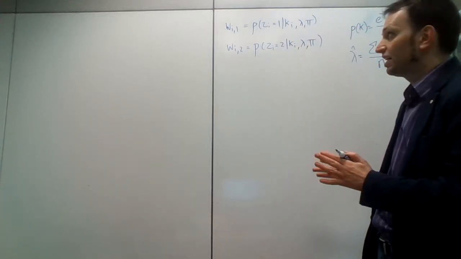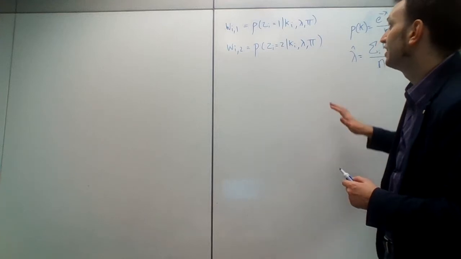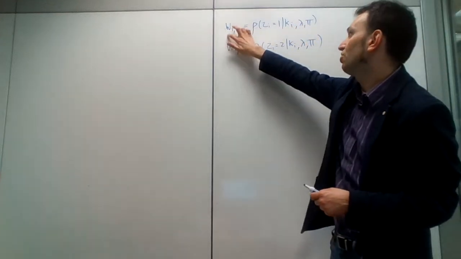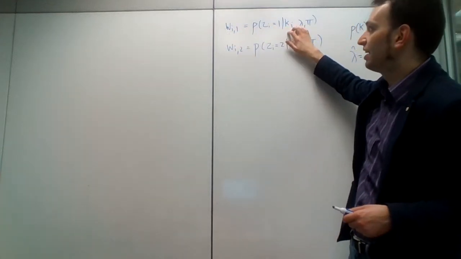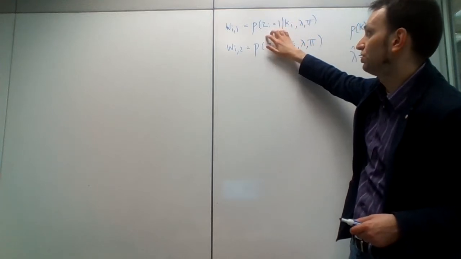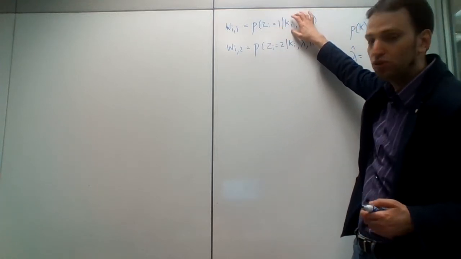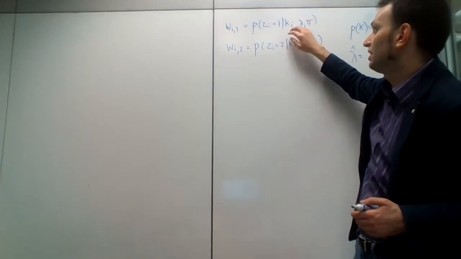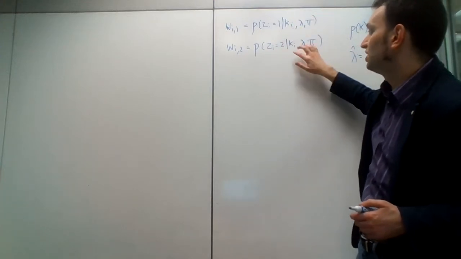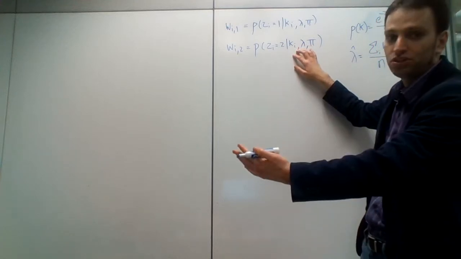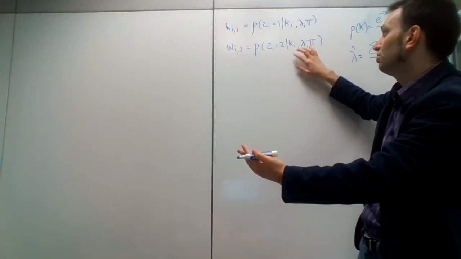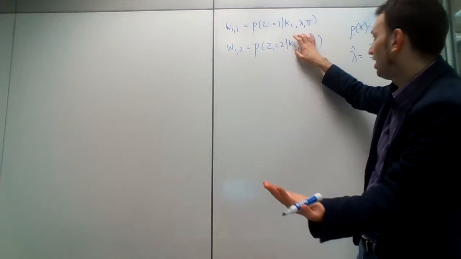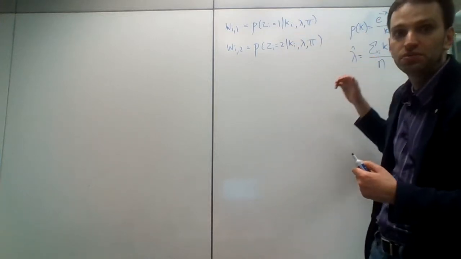So the idea essentially is to say, if this guy is large, then we're pretty sure that k_i came from the first Poisson distribution, so we'll use this k_i mostly to estimate lambda 1, right? On the other hand, if this guy is large, then that means that k_i probably came from the second Poisson distribution, so we'll use this k_i mostly to estimate lambda 2, right?